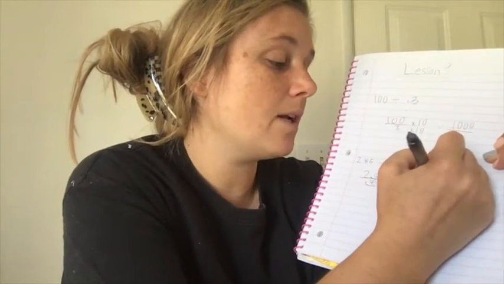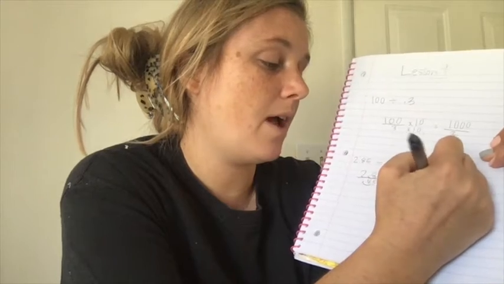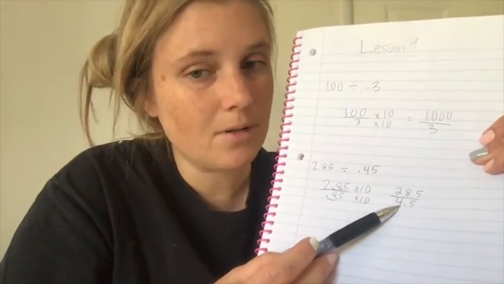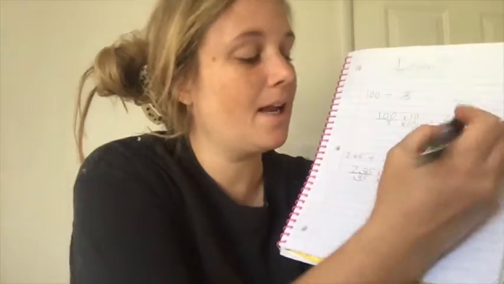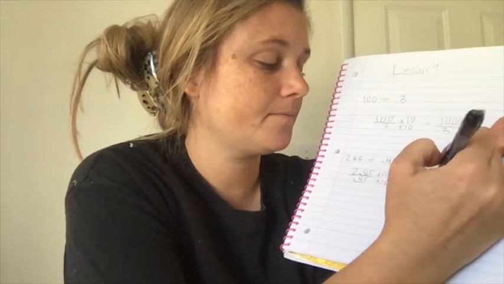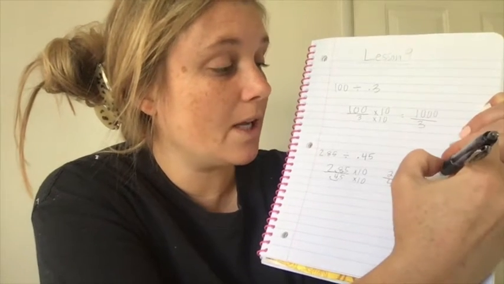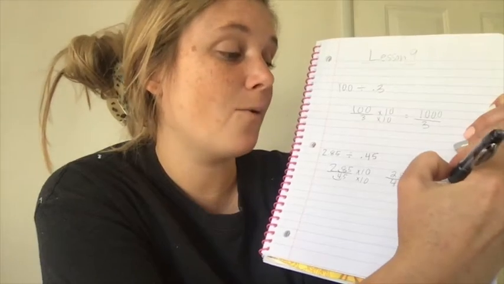So now we have 28.5 divided by 4.5. Is this number still a decimal? So what do we need to do? Multiply by another 10. Now let's move our decimal places over. So we get 285 divided by 45.